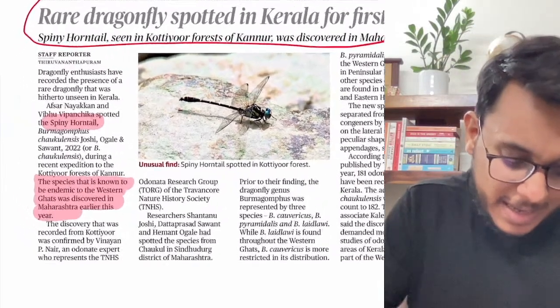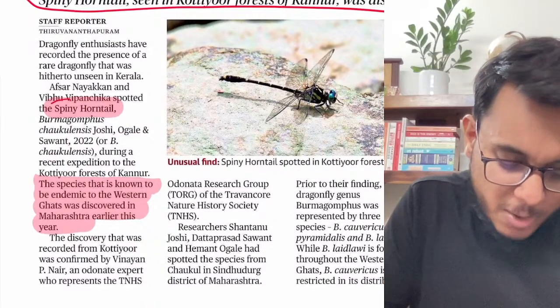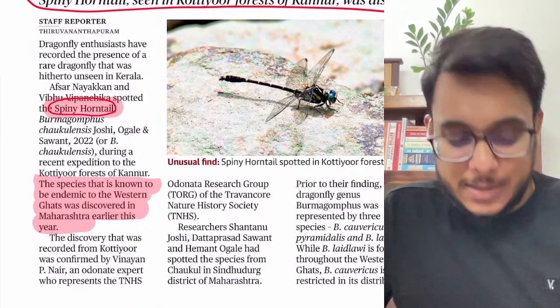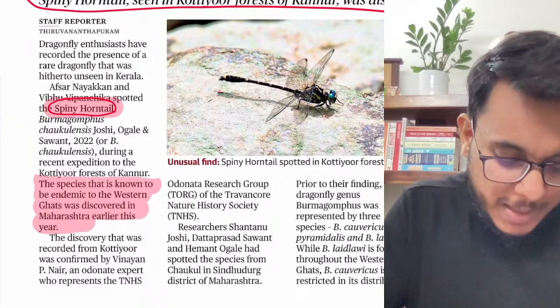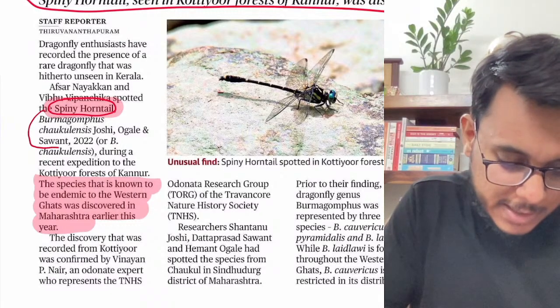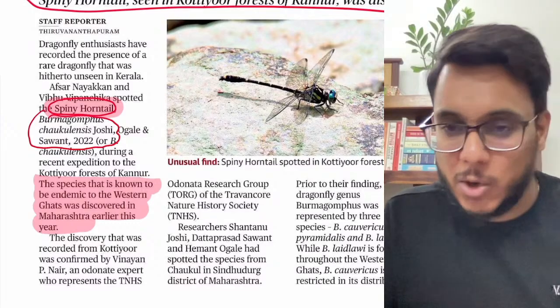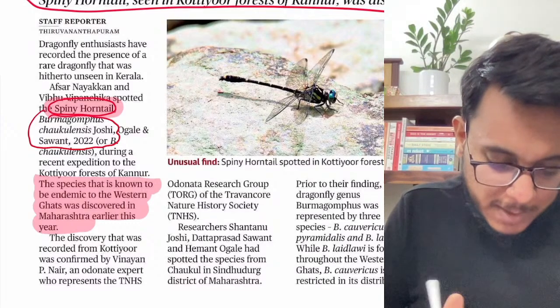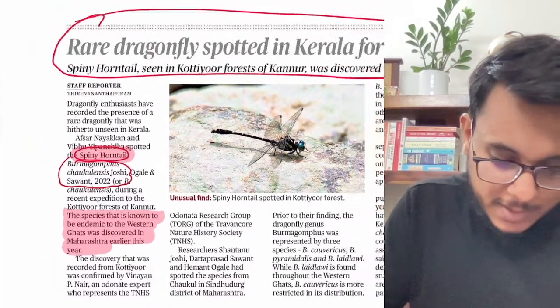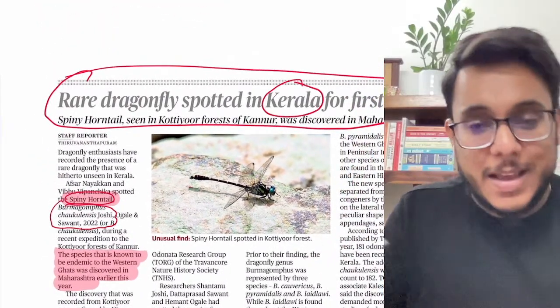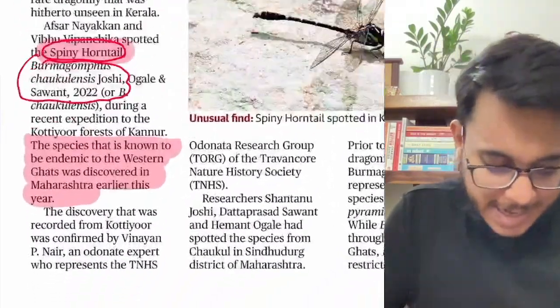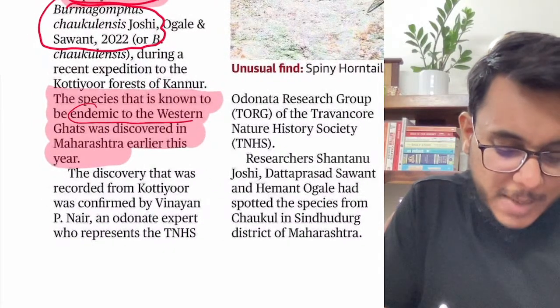So basically, guys, the rare dragonfly by the name of spiny horntail. That is its scientific name. If you want to read it, you can read it, but I would not advise it. So the spiny horntail has been found in Kerala. This particular species is endemic to the Western Ghats.